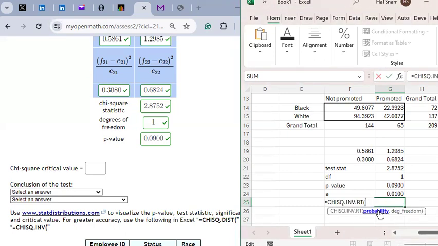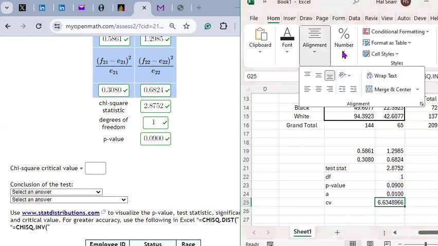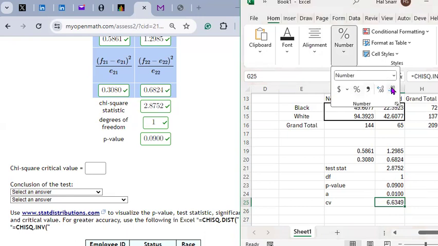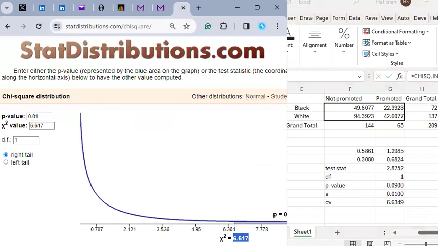Now it wants an area under the curve called a probability. The area under the curve is my significance level 0.01. And then comma, the degrees of freedom. So the critical value is 6.6349. Here it's 6.617.